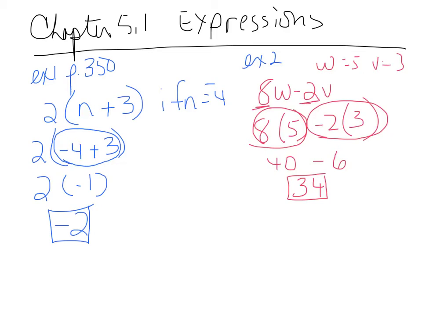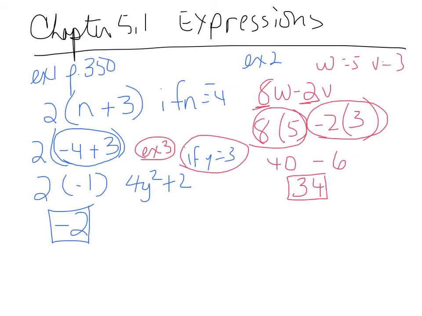And let's see if we can do example 3. We're going to squeeze it in here. So it says evaluate 4y squared plus 2 if y equals 3. And so this is the substitute in. So 4 is the coefficient, y squared, oops, and let me erase that, substitute in. So let's go back.